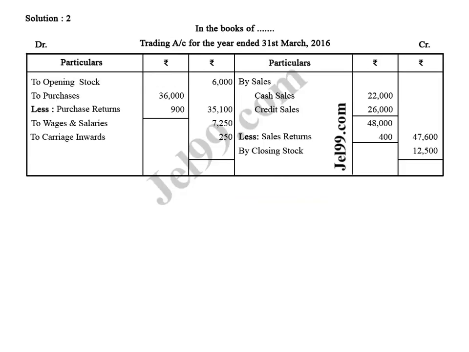now we will close the trading account. Credit side is more than debit side, so the total of credit side is 60,100. Write it on both sides. Then the total of debit side is 48,600, so total of credit side of rupees 60,100 minus total of debit side of rupees 48,600 is equal to 11,500.